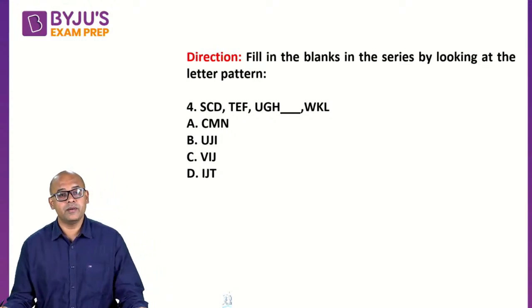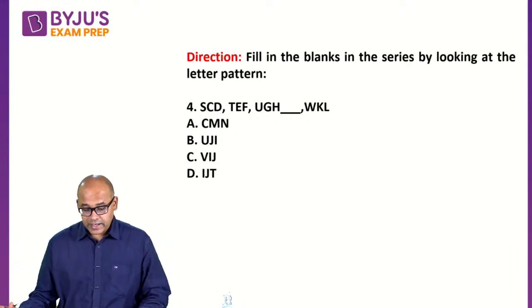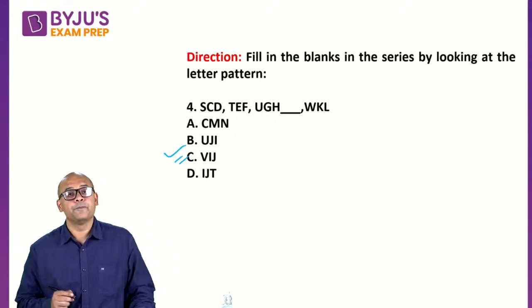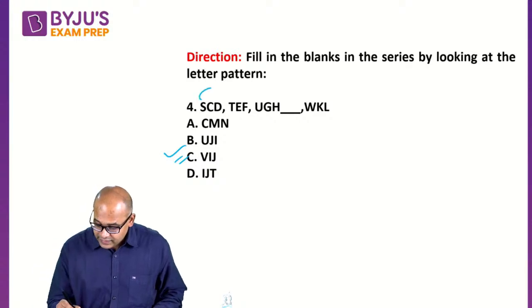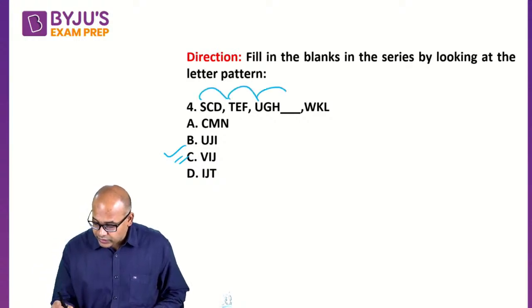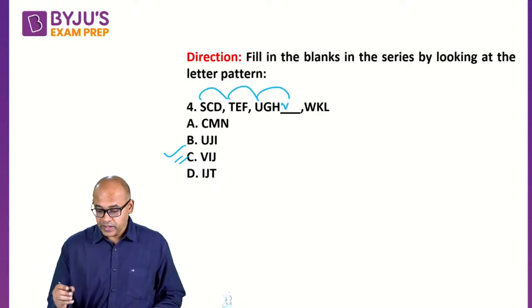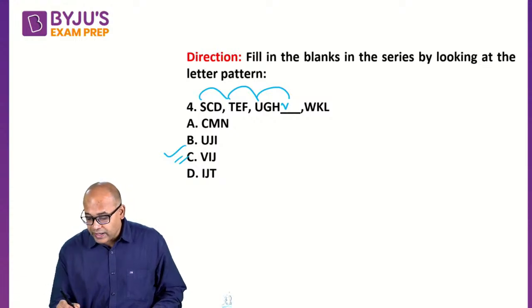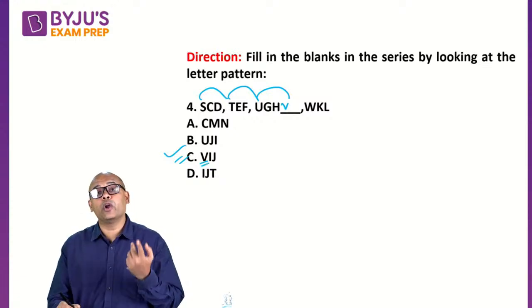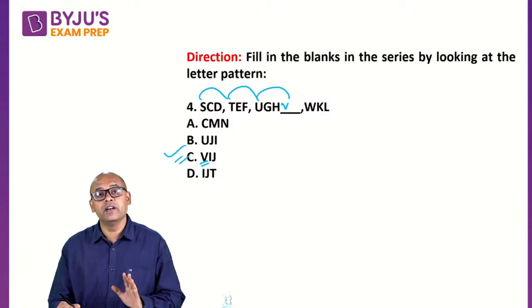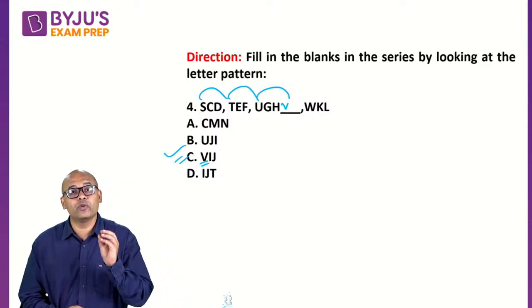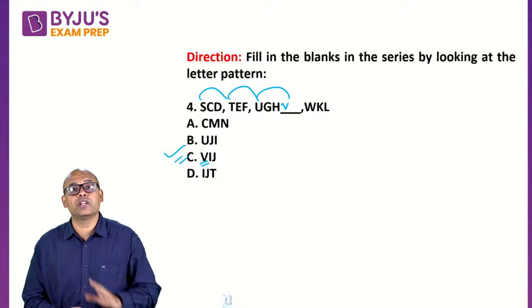Very good, Sneha, Mausam, Malik. Correct answer is option C. If you notice here, S, T, U, so the next one should be V. The moment you get this, you can see only one option is starting with V. However, in such questions, I would always say, spend 10 seconds extra and make sure that is your answer.